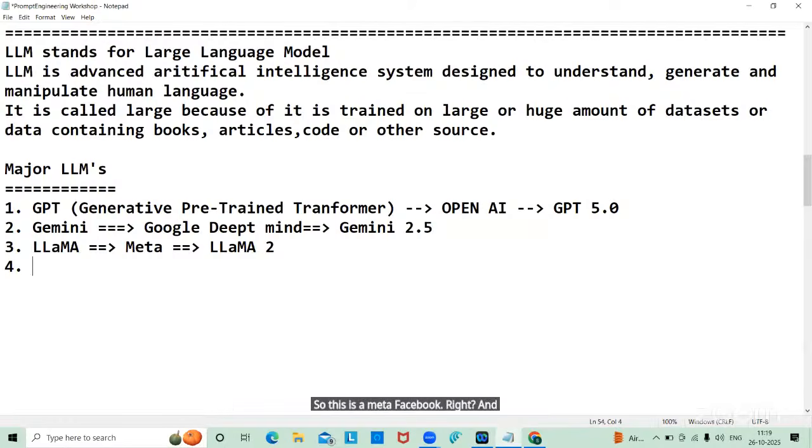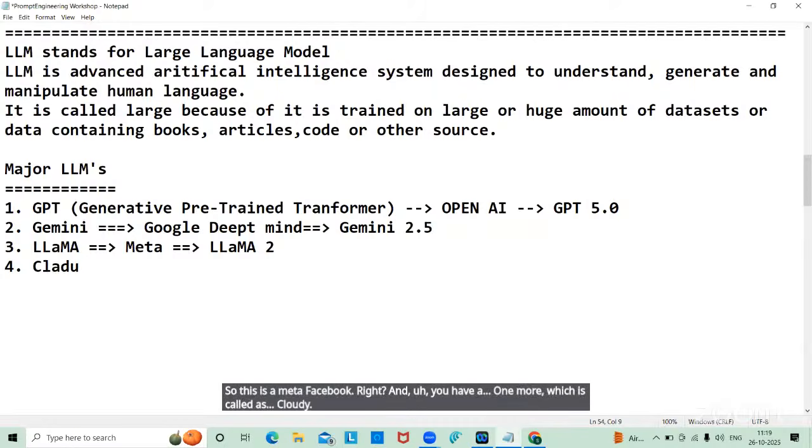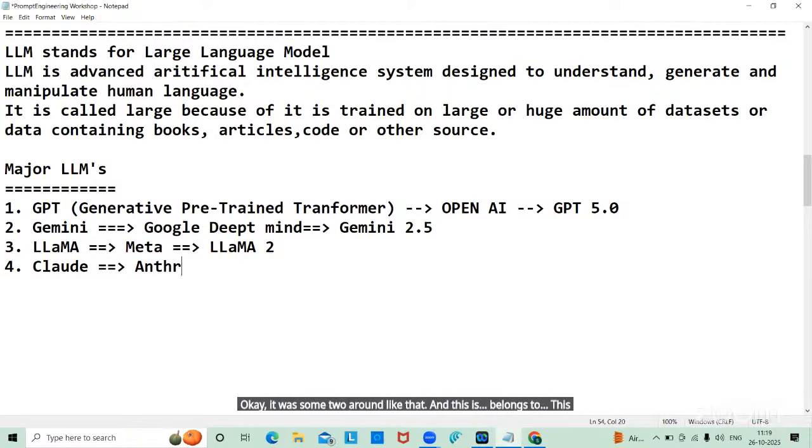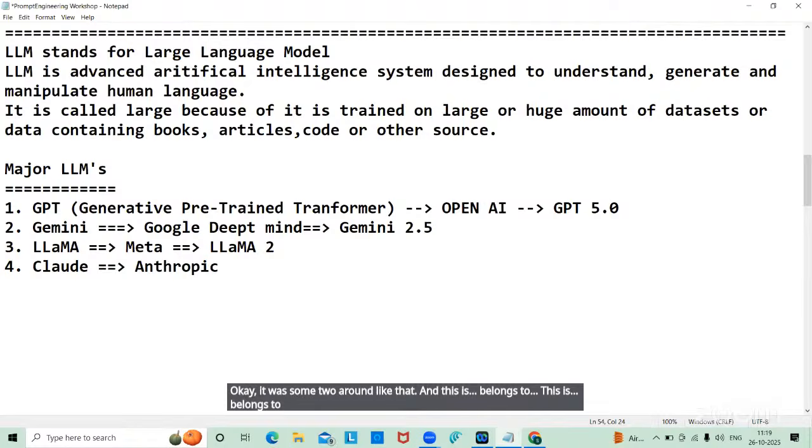And you have one more which is called Claude, right? This might be version 3.1. Previously it was around two. This belongs to Anthropic, right?